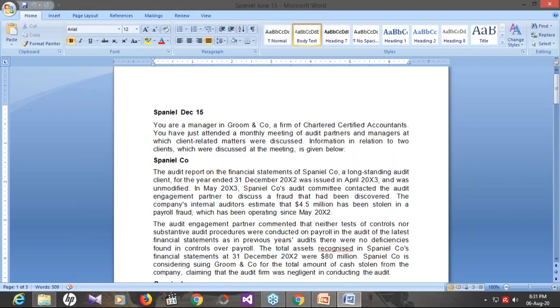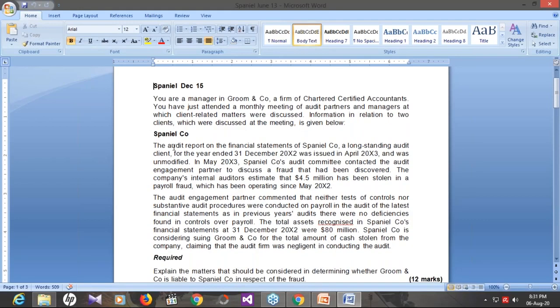So according to the data, the audit report on the financial statements of Spaniel Co, a long-standing audit client, yes, this is important, a long-standing audit client, so you can highlight this in the exam as well, was issued in April 20x3 and was unmodified. So we said that the financial statements give a true and fair view, and we found no material misstatement.